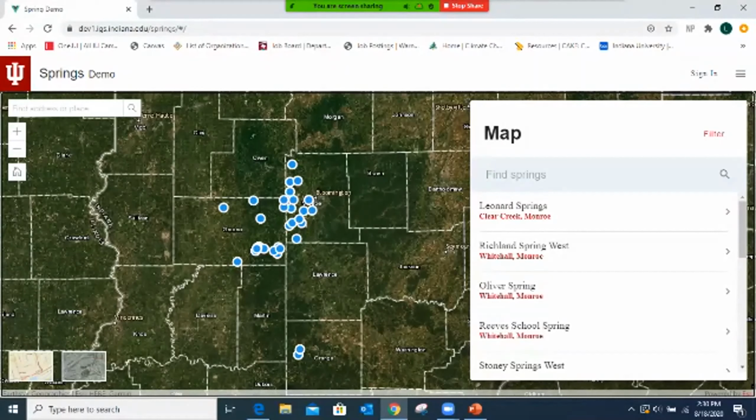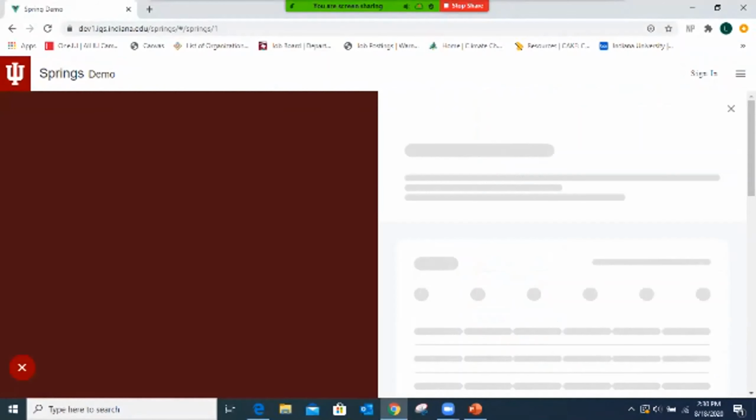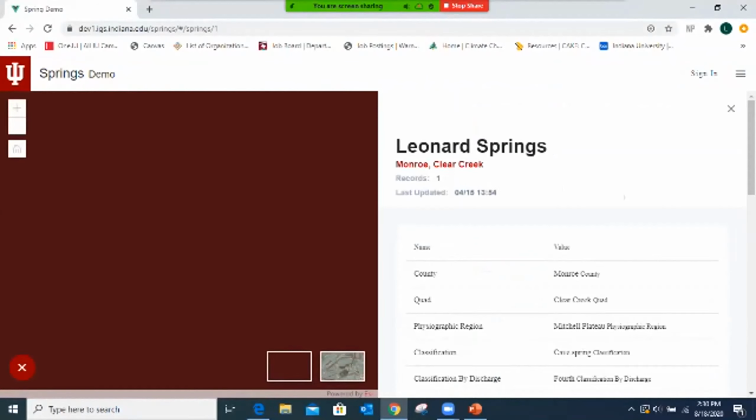Awesome. Okay, so this is just a demo site. It's definitely not up and running yet, but this is just starting to show how we're going to allow people to use this tool. So you can see here all of our spring sites, and users will be able to interact with this data and also add their own. So I'm just going to click on one of our publicly accessible springs.